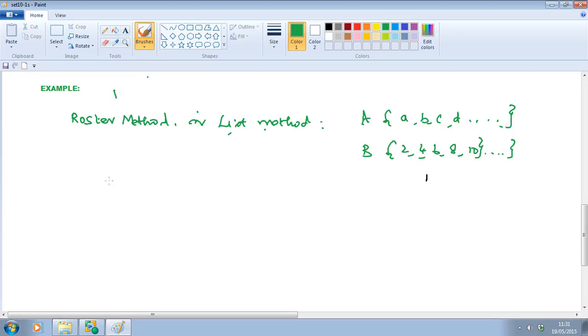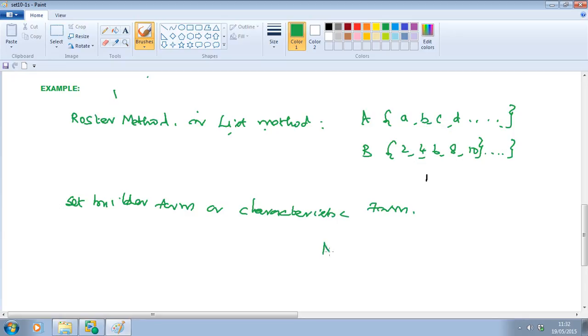There is another method called set builder form, or characteristic form. For example, a set of natural numbers.